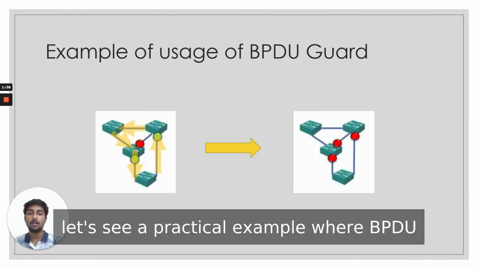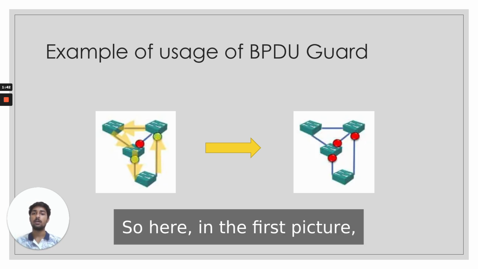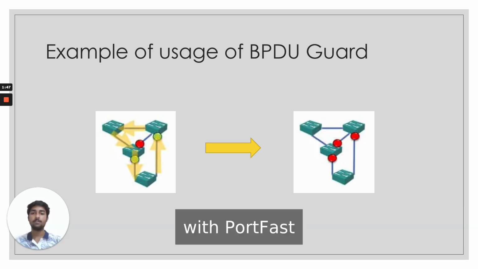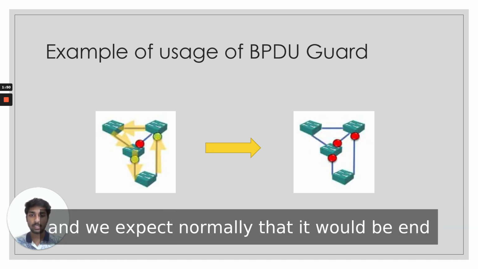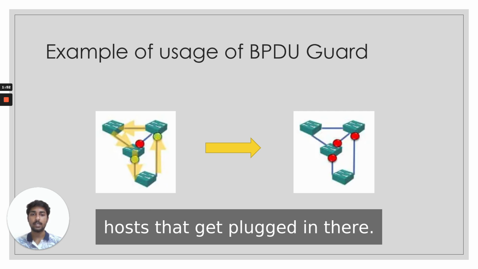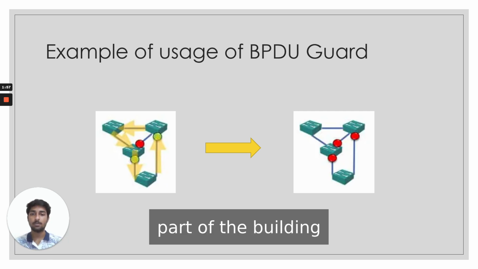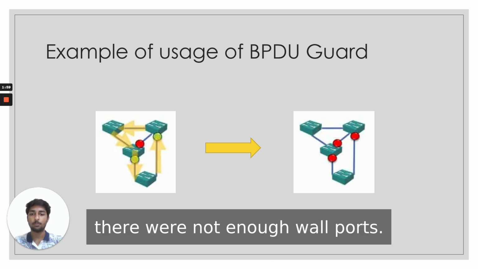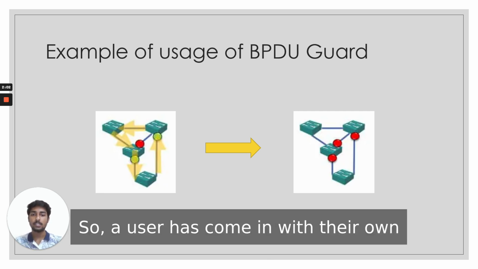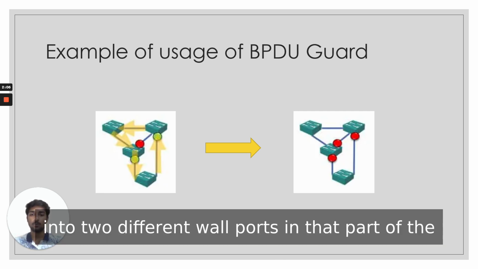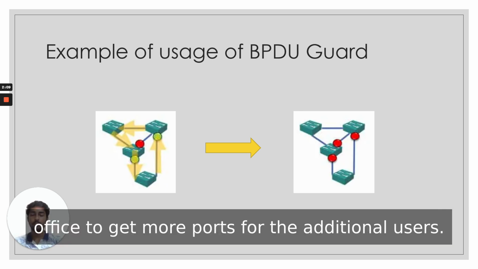Now let's see a practical example where BPDU guard comes in use. So here in the first picture we have our switches at the top configured with port fast, and we expect normally that it would be end hosts that get plugged in there. But probably what happened was for some part of a building there were not enough wall ports, so a user has come in with their own switch and plugged that into two different wall ports in that part of the office to get more ports for the additional users.